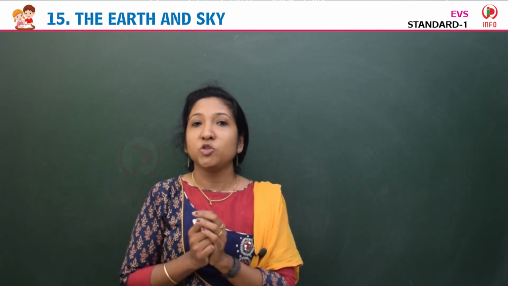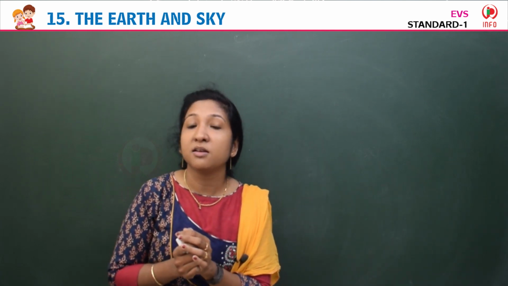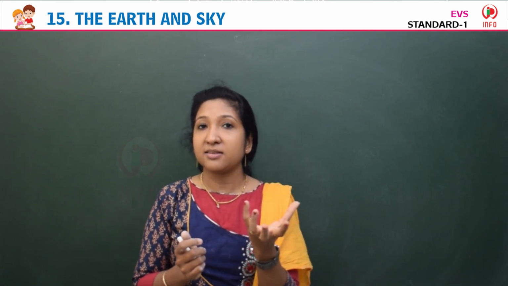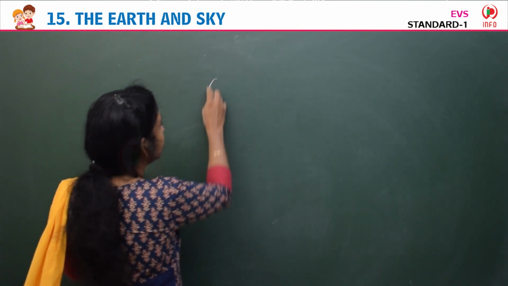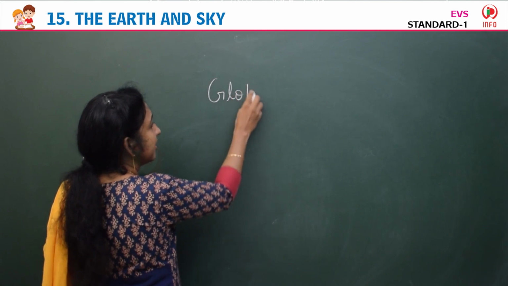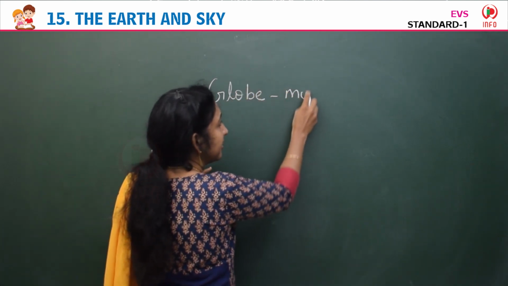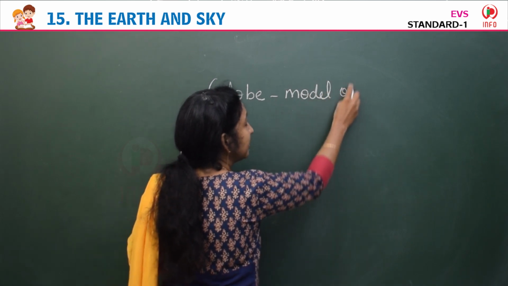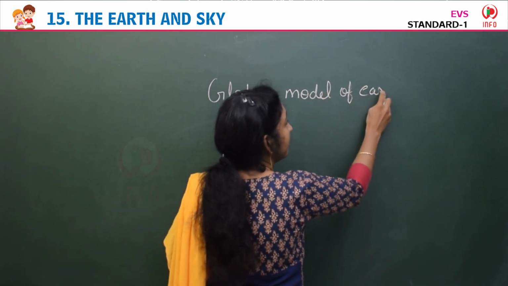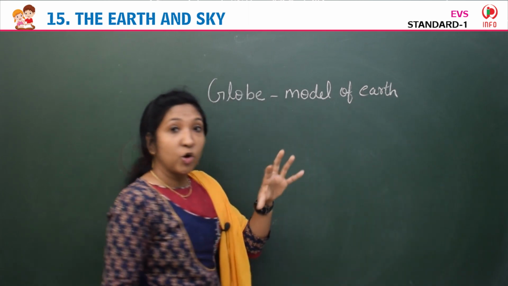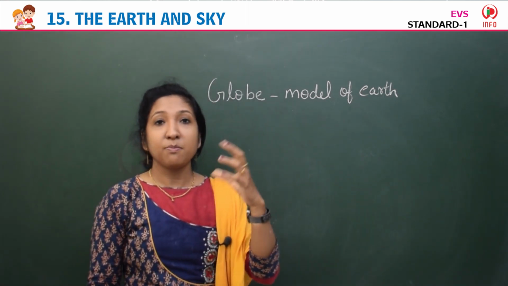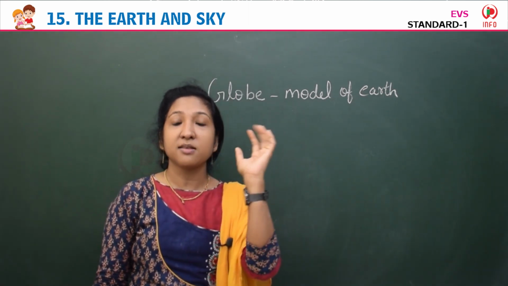To give us an idea about the earth, yes, a globe. A globe is a model of earth. It gives us an idea how our earth looks like, isn't it? Yes, we have already seen a globe. And on the globe, many areas we can see in blue color.